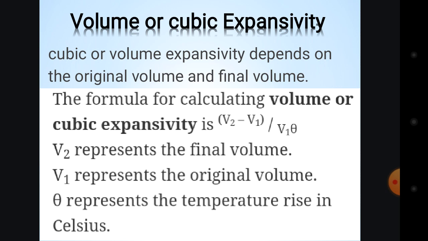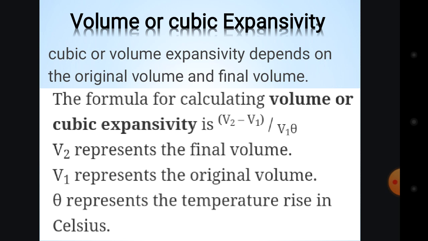It is depending only on the original and the final volume. And the formula for calculating volume or cubic expansivity is V2 minus V1 divided by V1 theta. So this is the formula for finding cubic expansivity or volume expansivity.